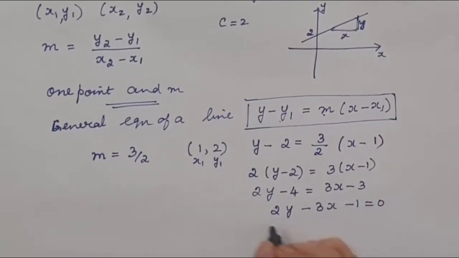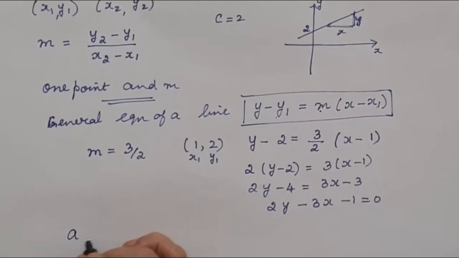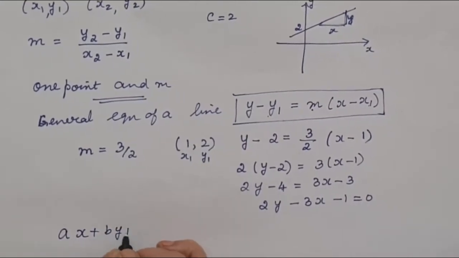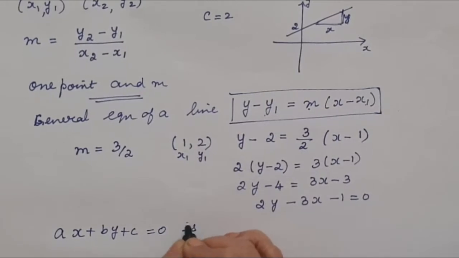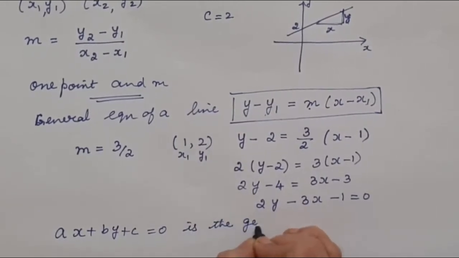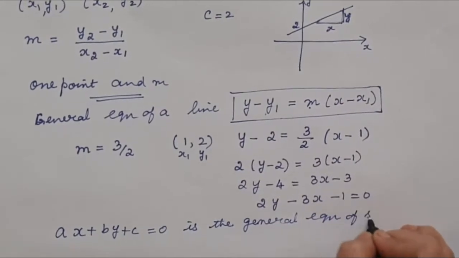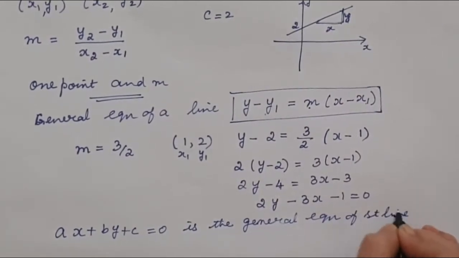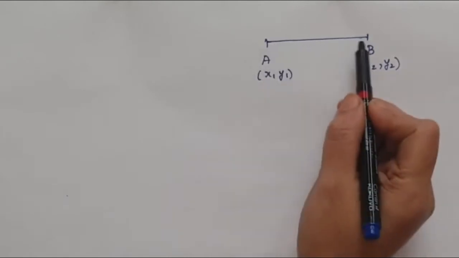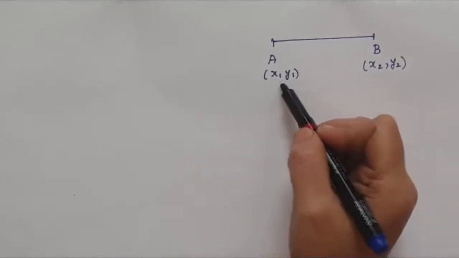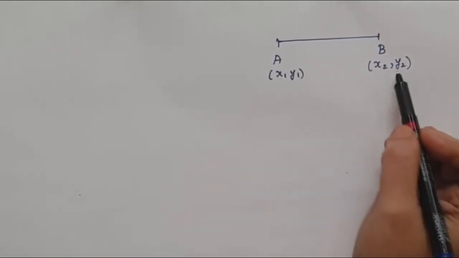When we write in this form, we write it as ax plus by plus c equal to 0, which is the general equation of a straight line. Suppose you have a straight line AB, the coordinates of A are x1, y1, and the coordinates of B are x2, y2.